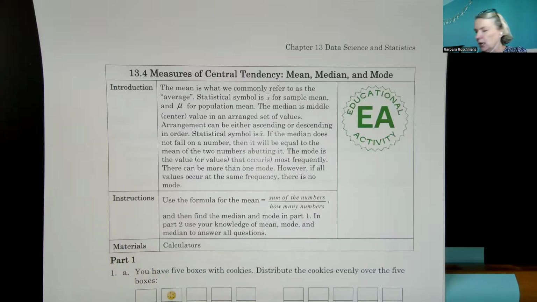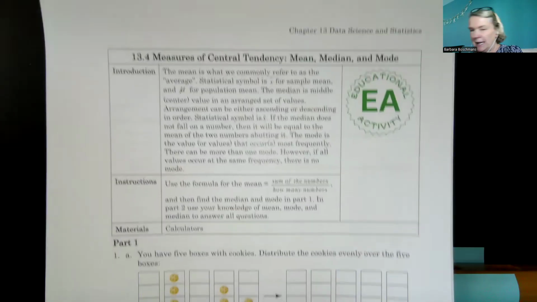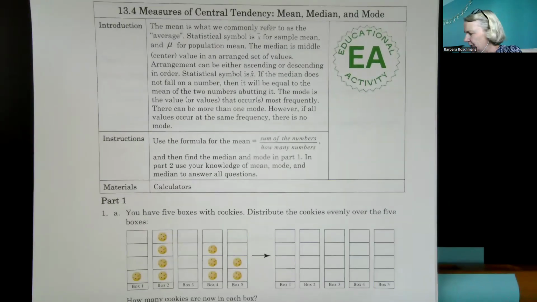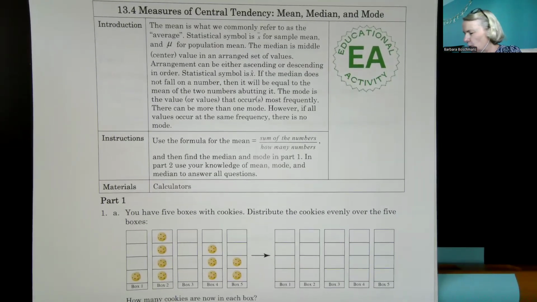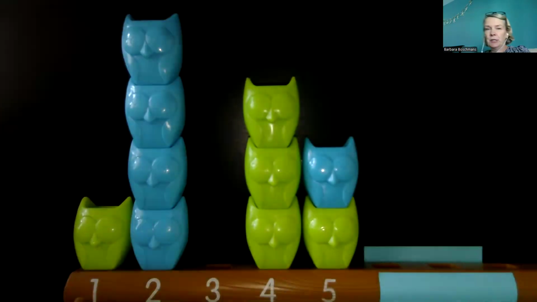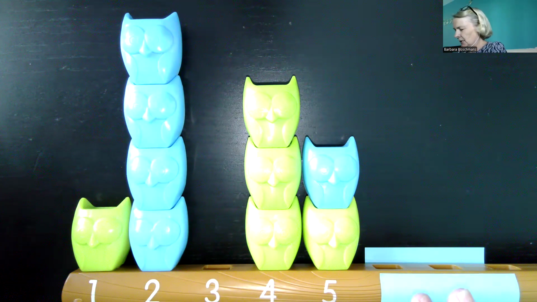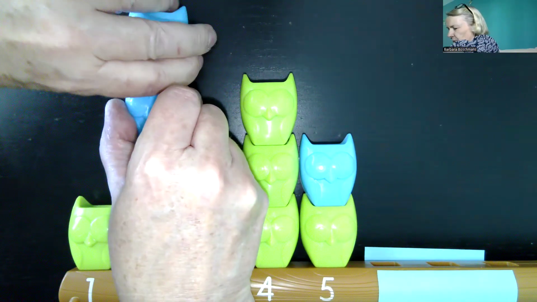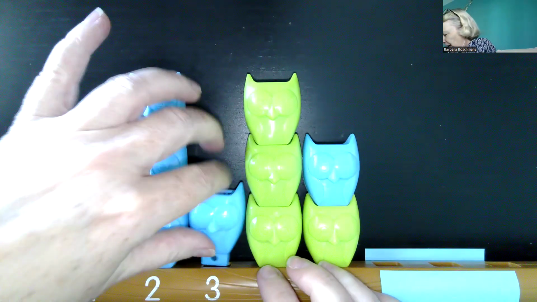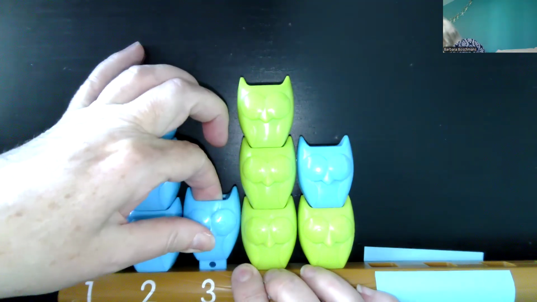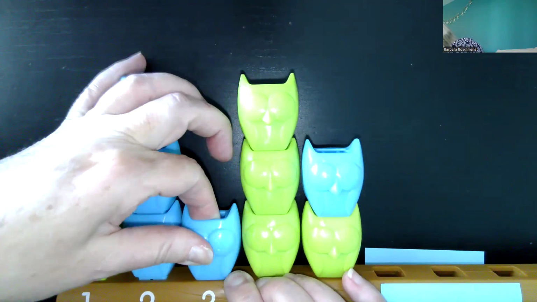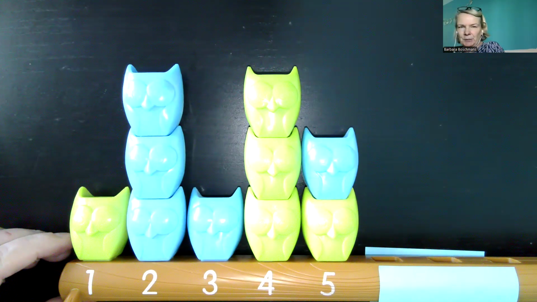The very first one is you have 5 boxes with cookies, and you'd want to distribute the cookies evenly over the 5 boxes. I don't have cookies for you, but I do have these cute owls on a branch, similar to the cookies. So we're going to take an owl away from number 2 and perch it, if I can make it fit, on branch number 3.